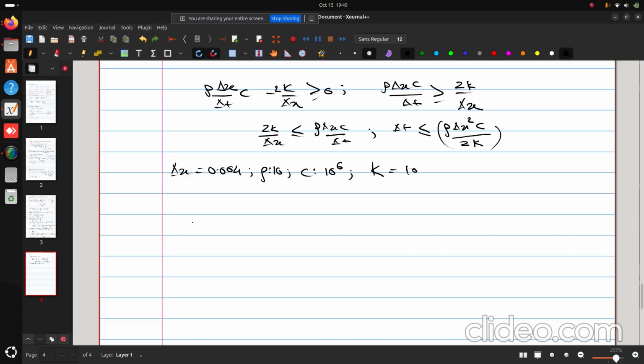So our delta T should be less than or equal to 10 times 0.004 whole square times 10 to the power 6, divided by 2 times 10.